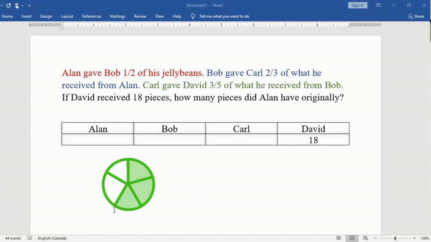So if 18 is 3/5, we divide 18 by 3, we will get the value of 1/5. 18 divided by 3 is 6, so each fifth must be 6, which includes the other ones. There. So altogether, Carl received 30 jelly beans from Bob, or 30 pieces.